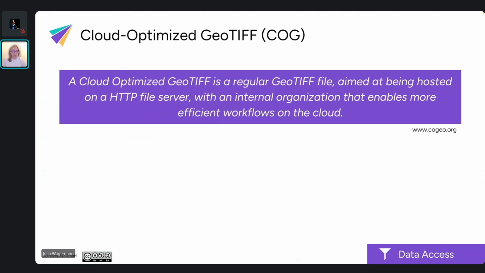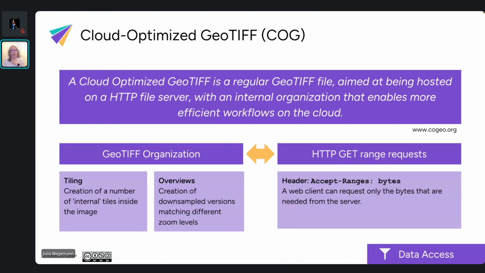Good. So cloud optimized GeoTIFF is a regular GeoTIFF file aimed at being hosted on a cloud storage with an internal organization that enables more efficient workflows on the cloud. This is the definition from the official website. How are cloud optimized GeoTIFFs organized?